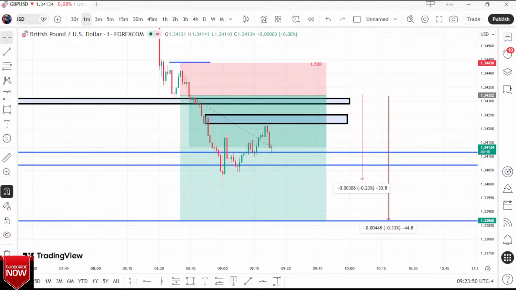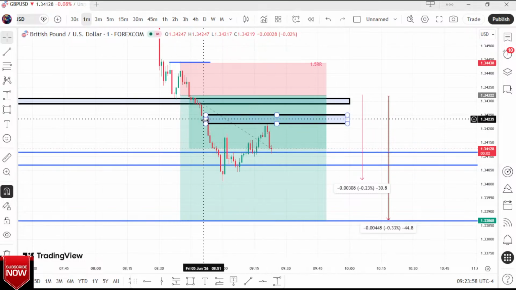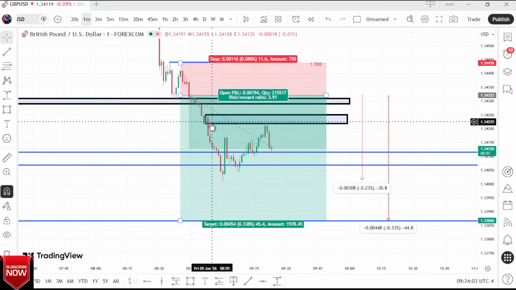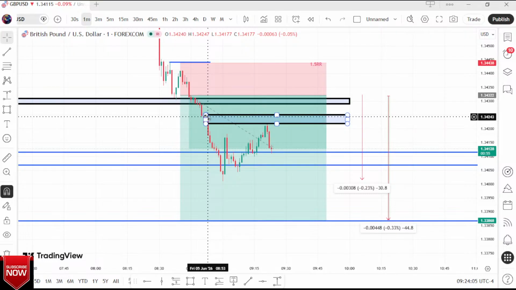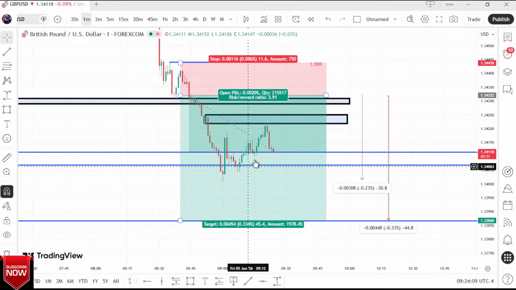Check 1 2, check. Hope I'm clear. Now, as you have seen, so precise. From that order block, you see how price is retracing to those sell side liquidity, these ones.